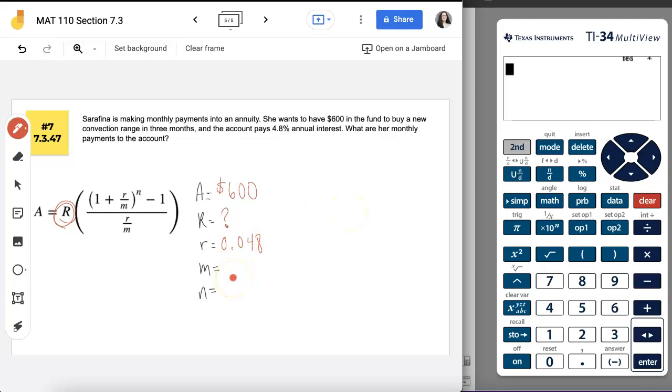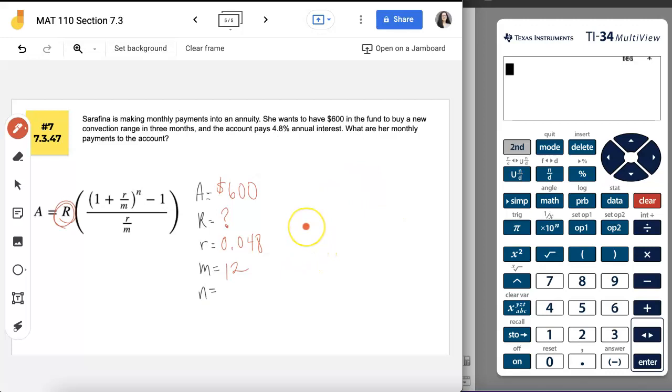The number of compoundings in a year, it would be implied that M is 12. I know that's not very explicit here, but because we're making monthly payments, that's implied there about the compoundings. N is the total number of periods that sits in her account.